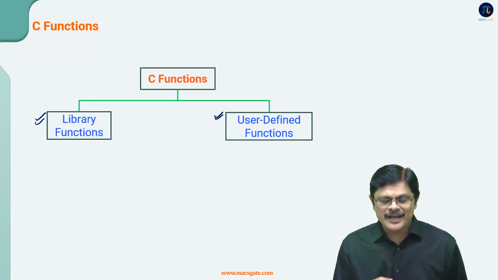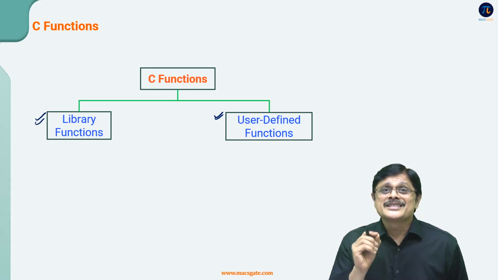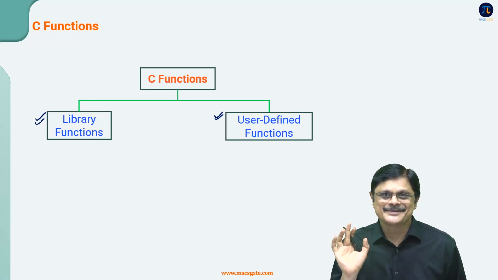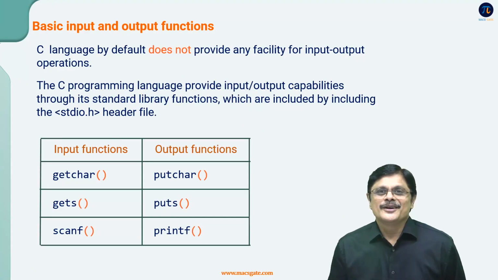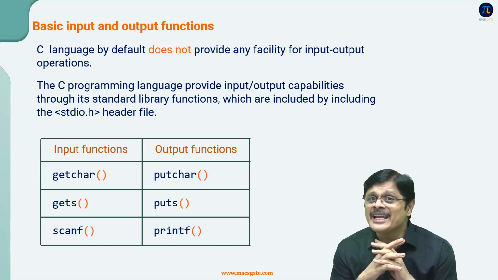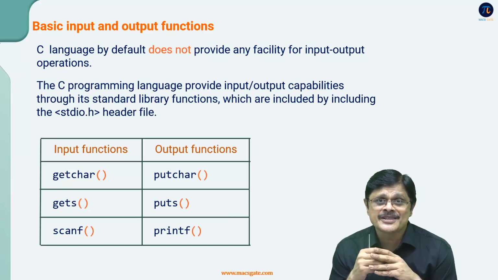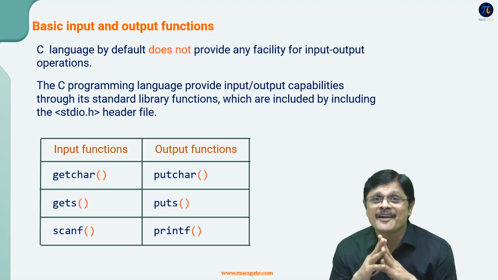In this session, we are interested in library functions, that too the standard input-output library functions. As I mentioned already, C language by default does not provide any facility, not even input-output capability. If you want to provide input-output operations, you need to include the stdio.h header file.